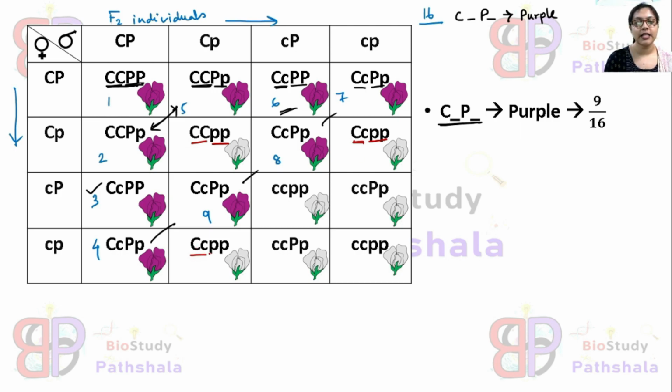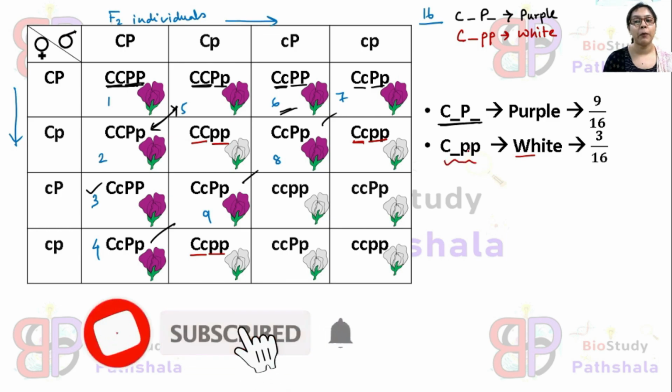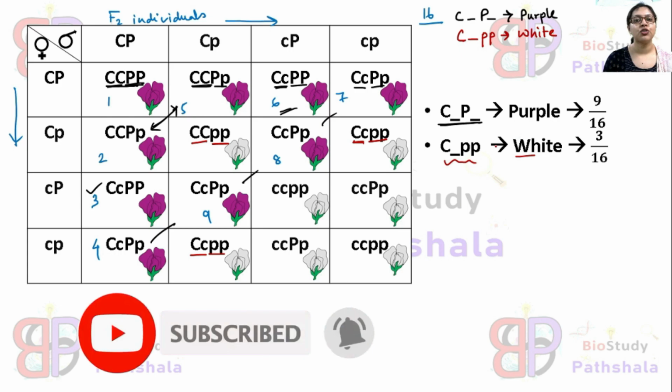This is again the same genotype, and it will lead to the formation of white color. So from this data we can write that capital C dash, small p, small p leads to the formation of white color, and with this particular genotype the number of individuals is 3 among 16.